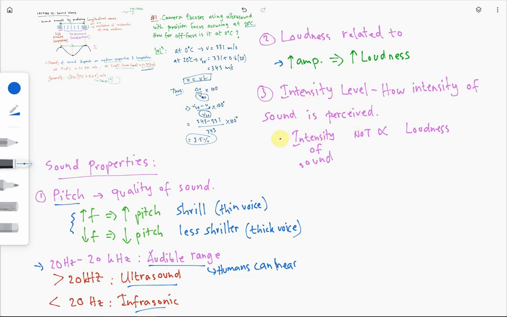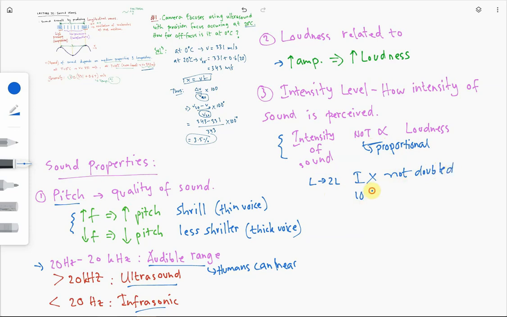And it turns out that the sound intensity is not proportional to the loudness. For example, if loudness goes from L to 2L, that is, you're doubling the loudness, intensity is not doubled. So it is not a direct relation.